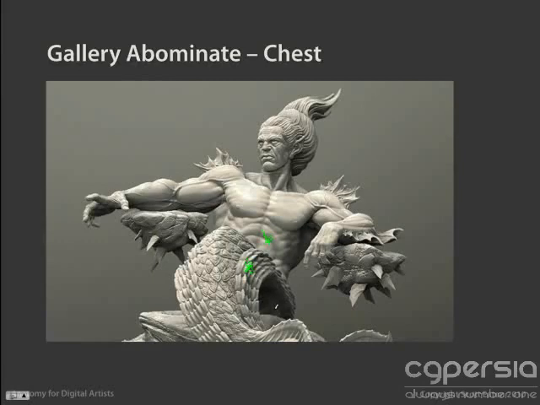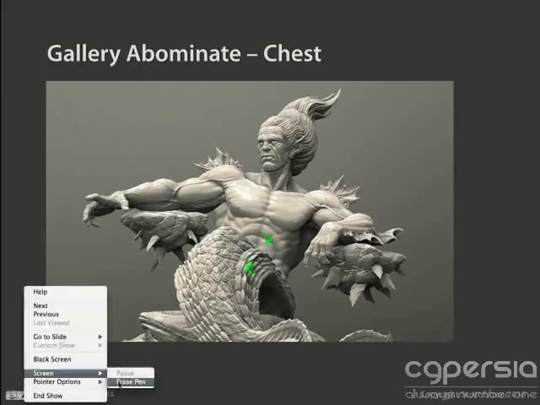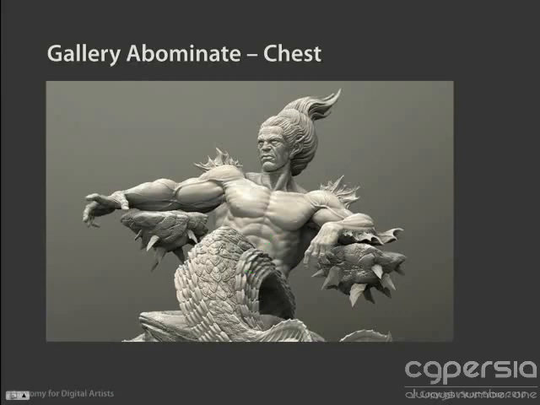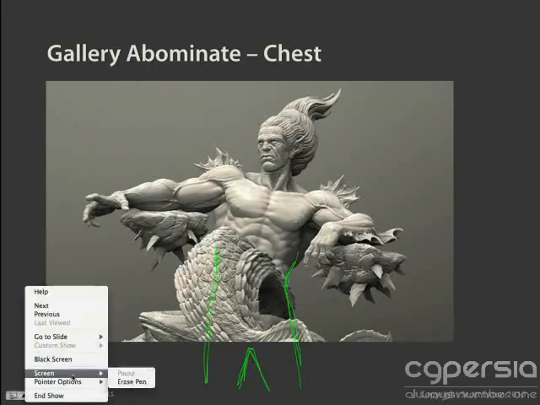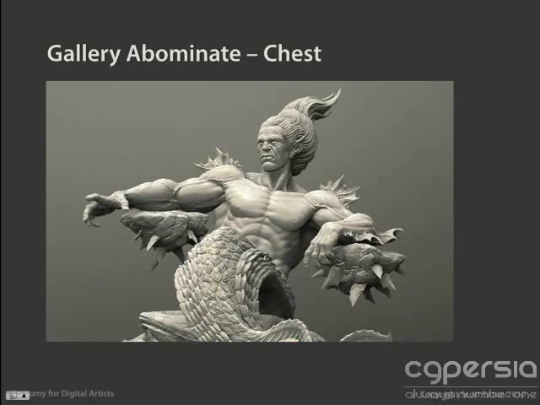He may just be standing behind a fish, and the tail is coming up in front of him. And you know what? I think that's probably true. This could be a camera trick. The guy could be actually standing back here like this, and everything is fine. So that is not the reason that he's in the Gallery Abominant.